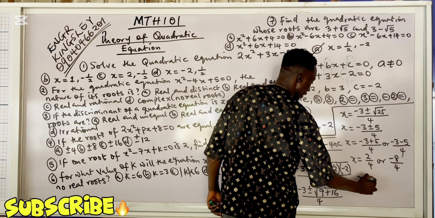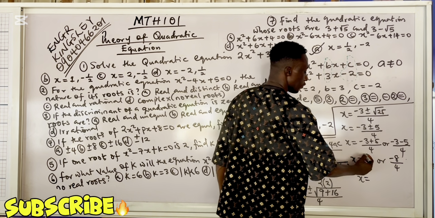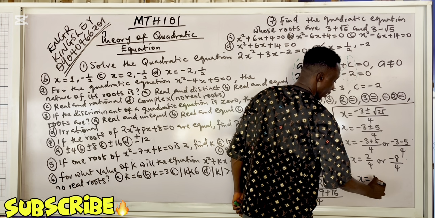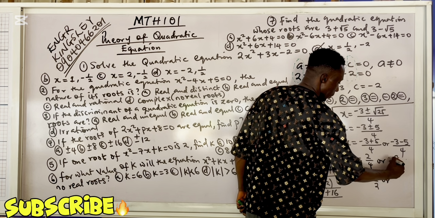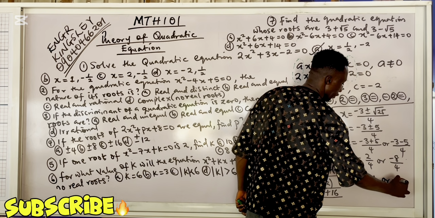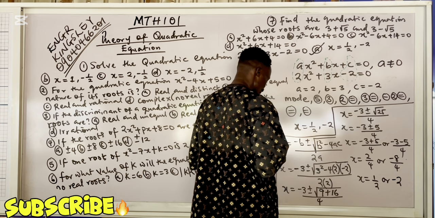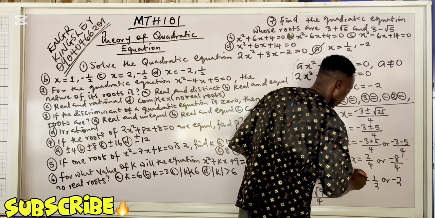So x equals 2 over 4, which is 1/2, since 2 can go into both, or minus 8 divided by 4, which gives us minus 2.